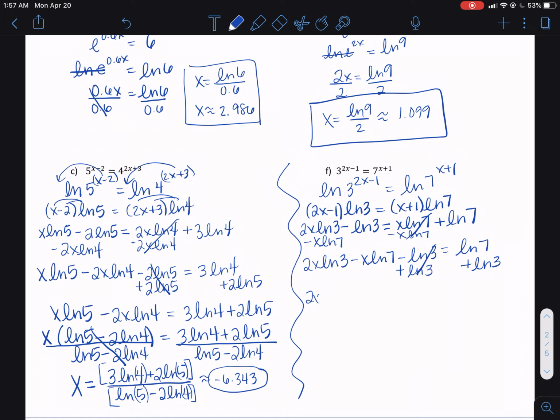So we have 2x natural log of 3 minus x natural log of 7 equals the natural log of 7 plus the natural log of 3. And then factor out the x. And divide.